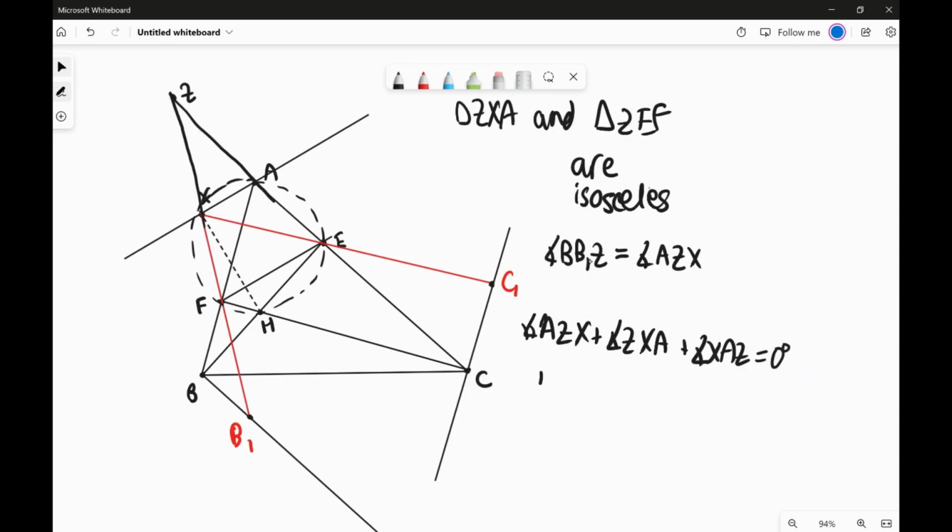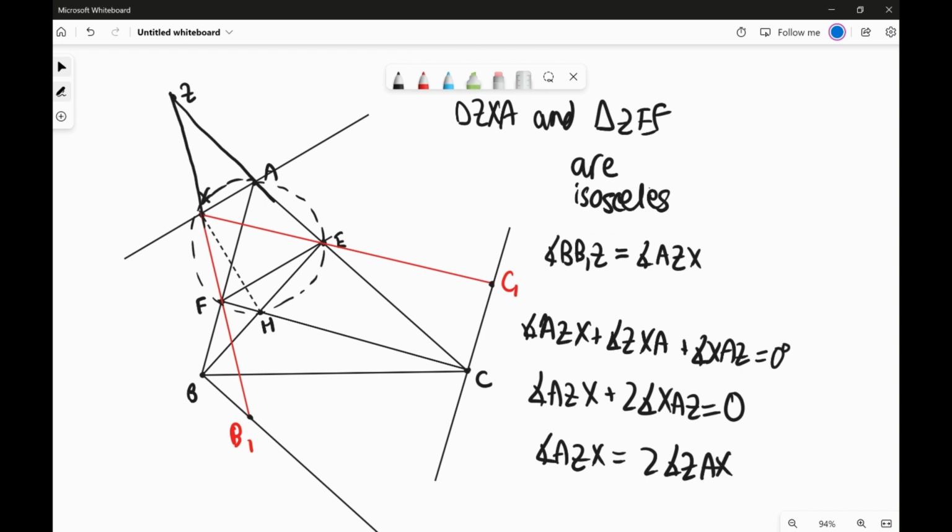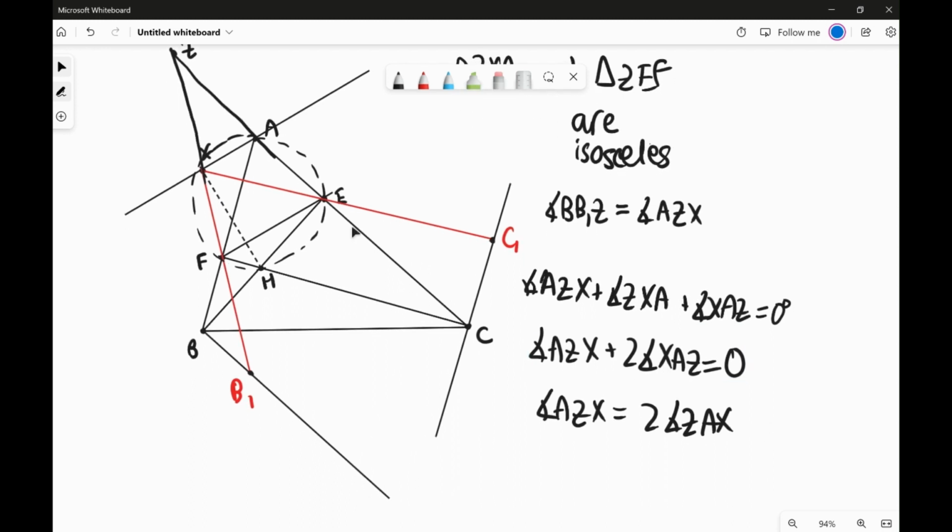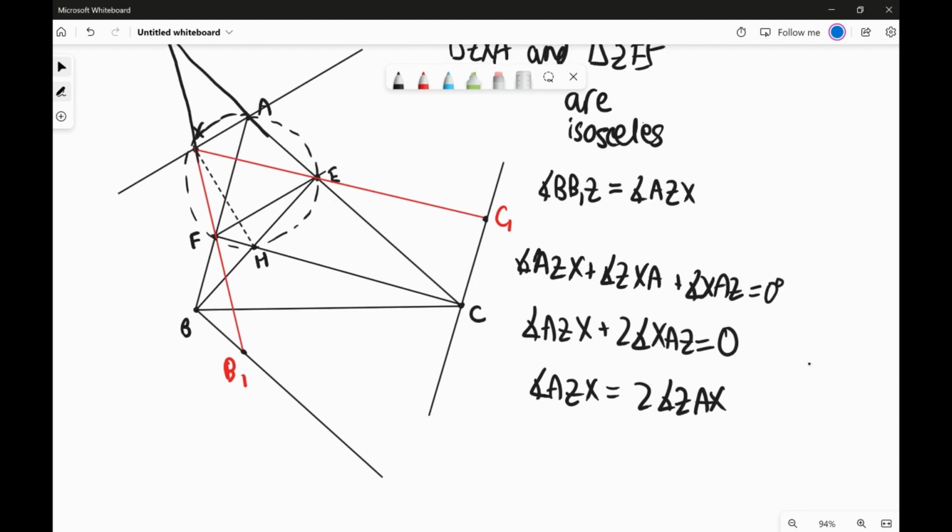We end up getting directed angle AZX plus 2 directed angle XAZ is equal to 0, which means that directed angle AZX is equal to 2 directed angle ZAX. Because directed angle XAZ is negative directed angle ZAX, because they're in the opposite order. But we know that this is equal to directed angle ZEF because of the parallel lines.